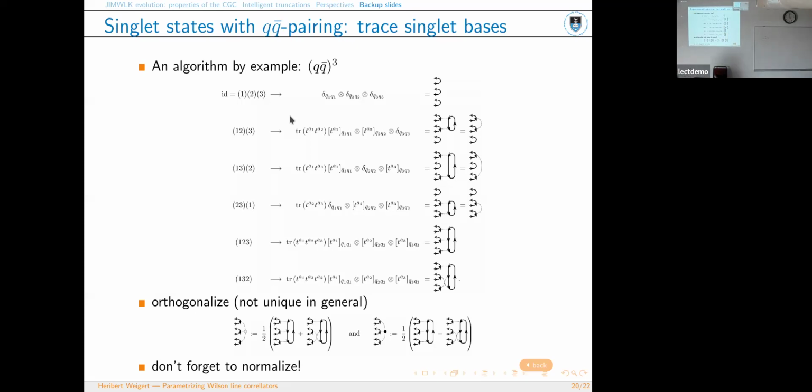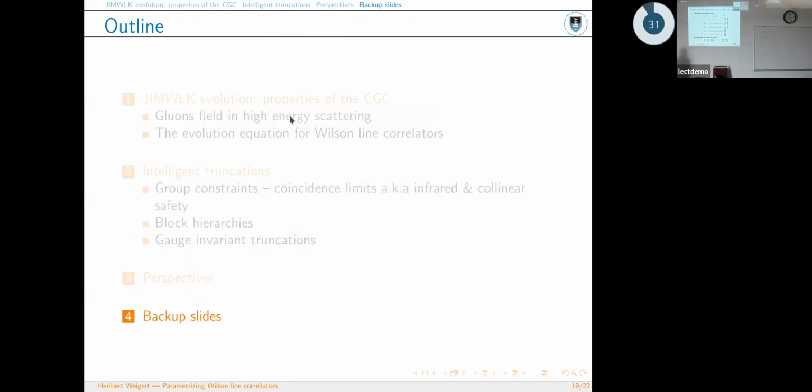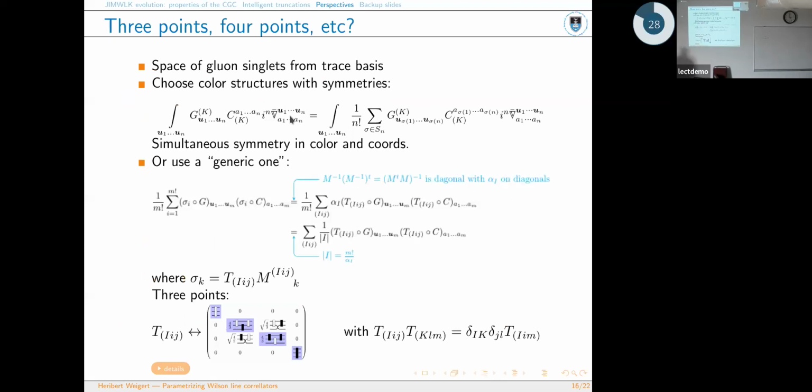And I use my operators that I had written down here to classify them in totally symmetric, totally antisymmetric, and some mixed symmetry. That is a way of obtaining these and then getting a handle on the features of these endpoints.